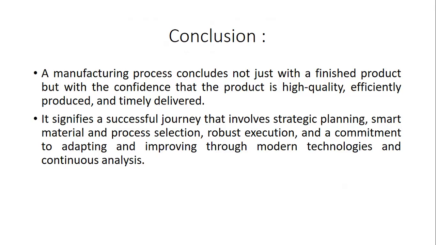Moreover, the manufacturing process determines a successful journey that involves strategic planning from the top level regarding the selection of the technology used in manufacturing and buying of machineries and materials, etc. This comes from the top level strategic planning.